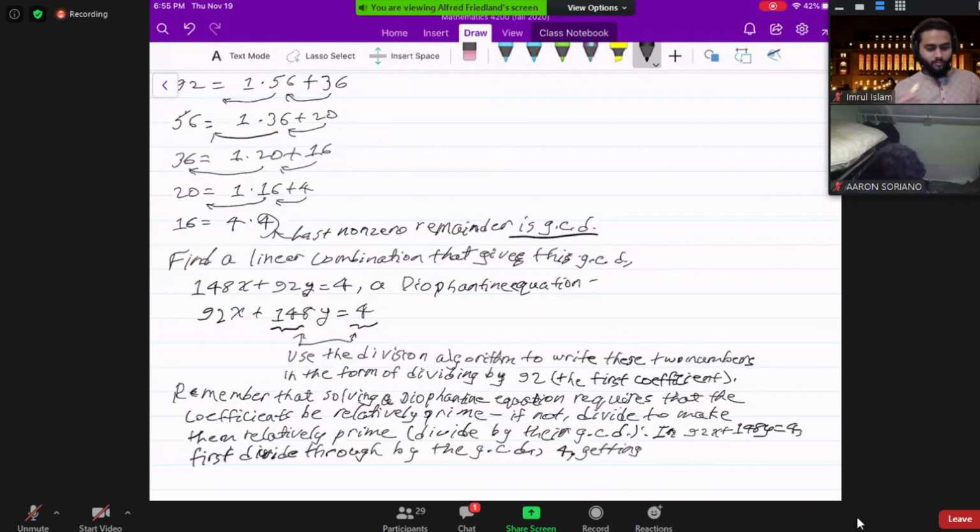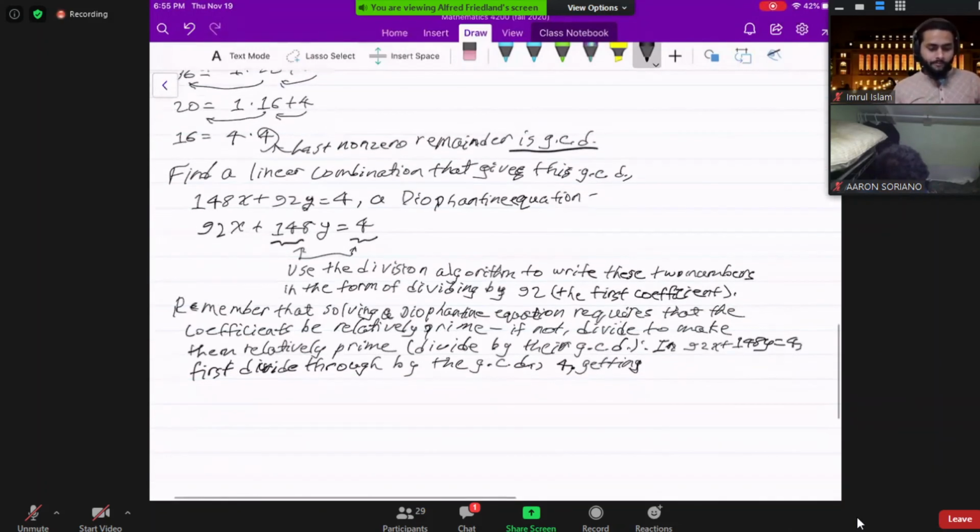So the reduced, or simplified, Diophantine equation is, if we divide by 4, 4 into 92 is 23, so 23x plus, 4 into 148 is 37, so 37y.